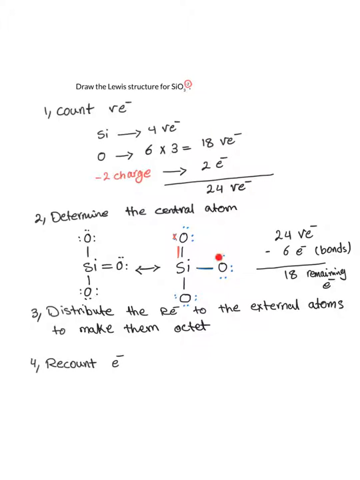So we have 2, 4, 6, 8 electrons, 10, 12, 14, 16, 18, 20, 22, 24. The number matches. So this is an acceptable structure for the silicate.